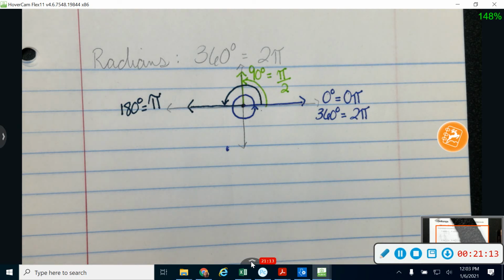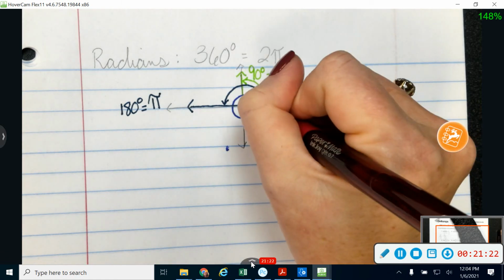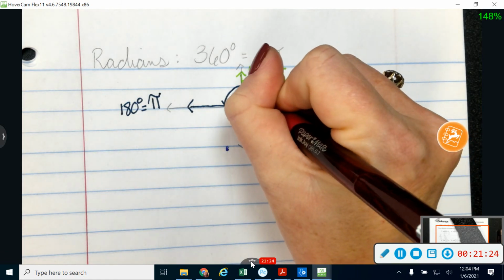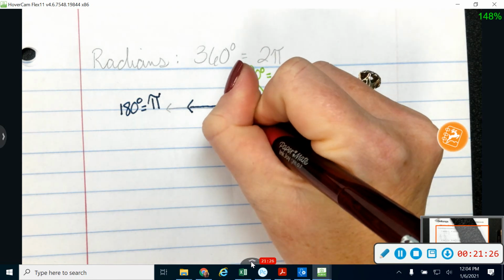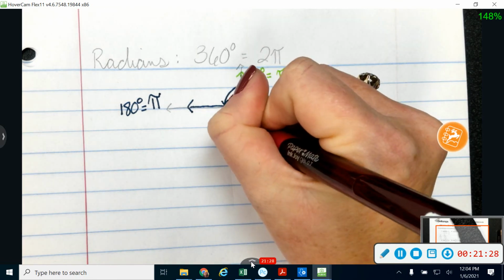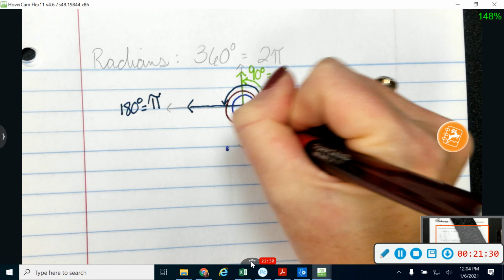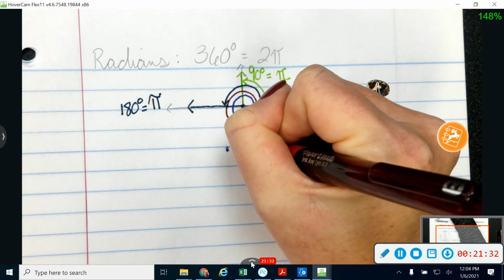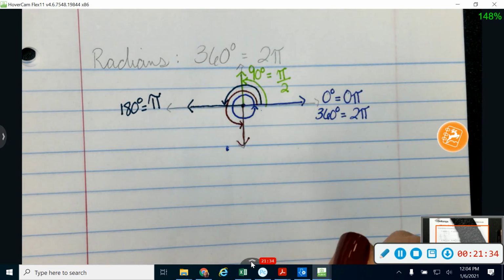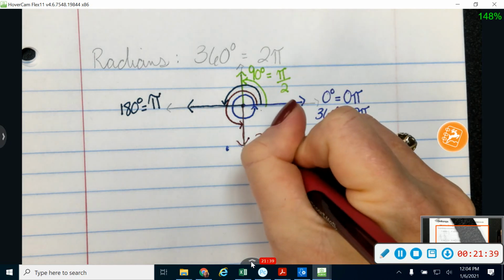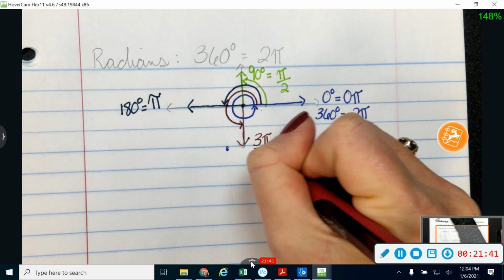All right, last one. Back in my favorite crimson pen. This one's going to be kind of weird. I'm going to go counterclockwise, around past 1 pi and then another half pi. So what I'm looking at here is 1 1/2 pi, or what I'm going to call 3 pi over 2.